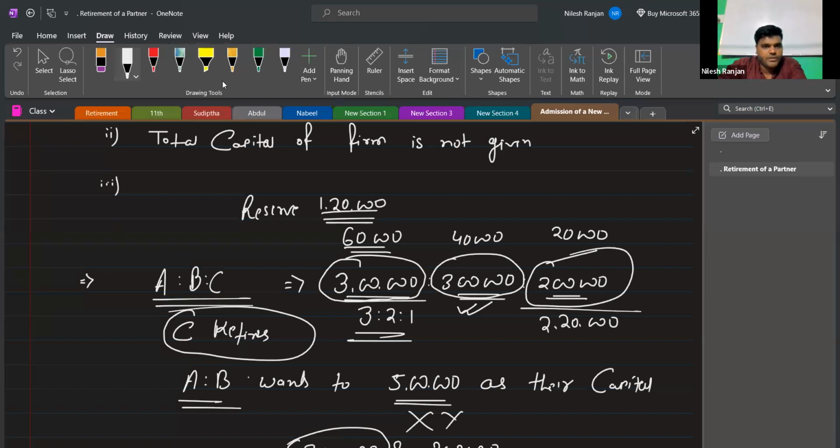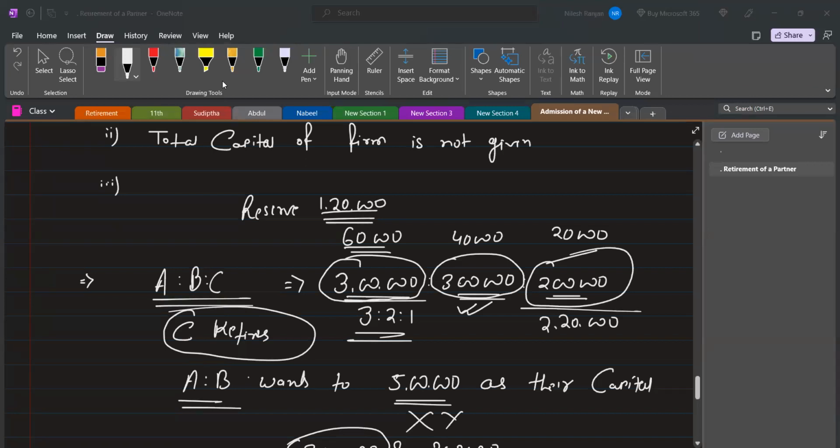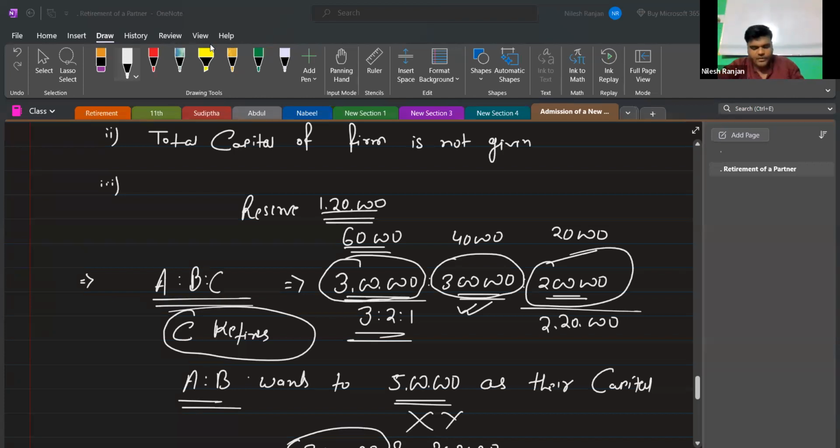If he brings a total of 2,20,000, is A bringing the total 2,20,000, or are they sharing it? Are they bringing it according to the profit sharing ratio?